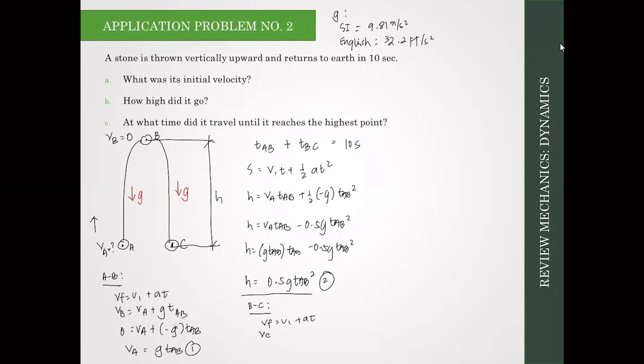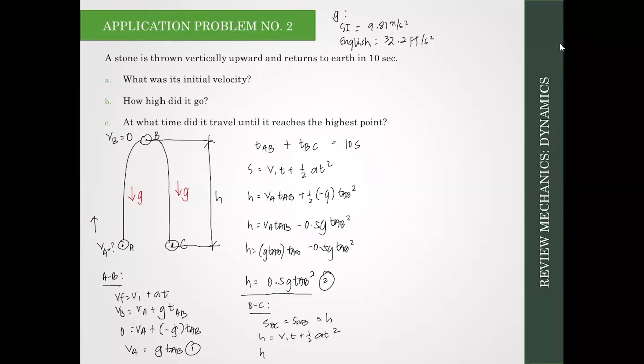Kahit diretso tayo doon sa S. So S equals yan kay SAB, or equals din sa H. So sabihin, H is equals to VBT plus 1/2 AT squared.